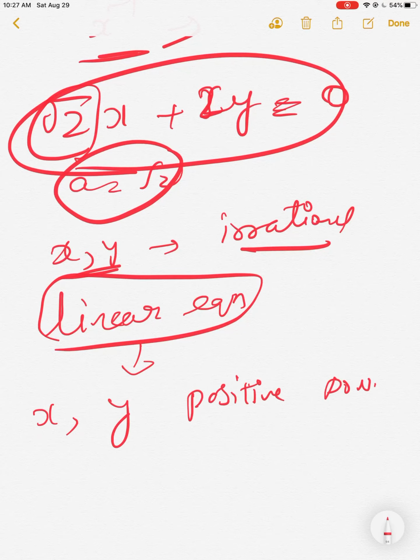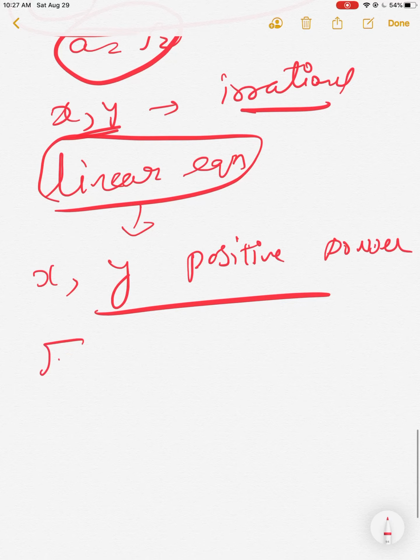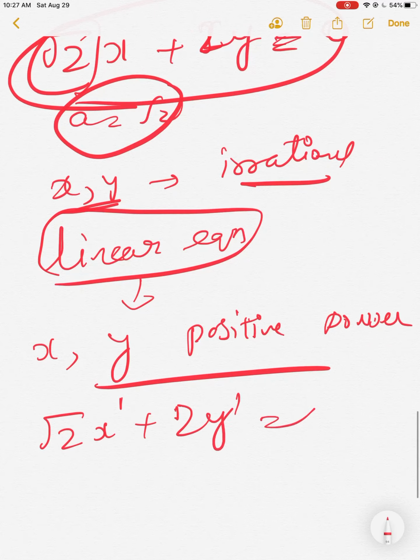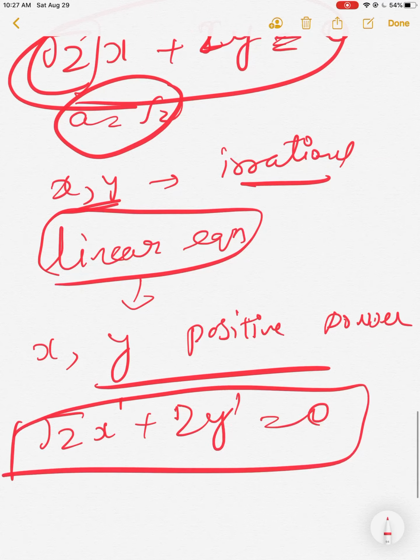Same equation I am writing: root 2 x raised to power 1 plus 2 y raised to power 1 is equal to 0. That means the coefficients a and b need not be rational, irrational will also work, but x and y variables should not be irrational numbers.